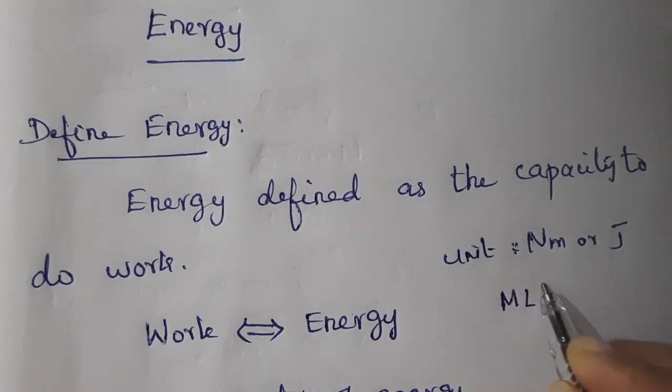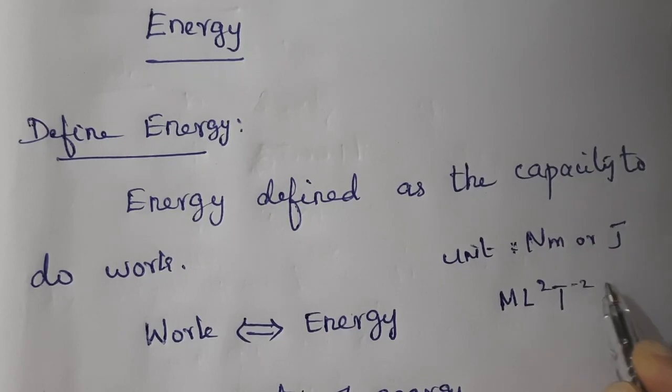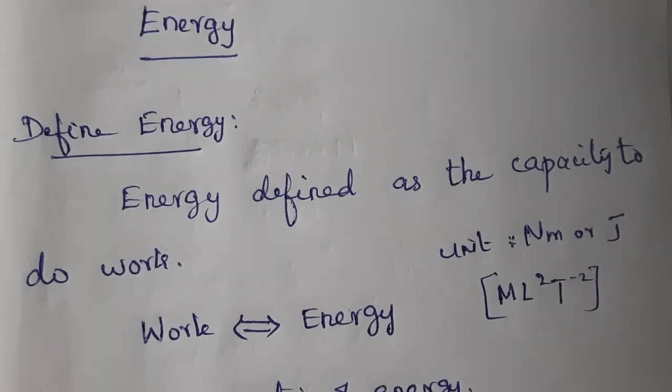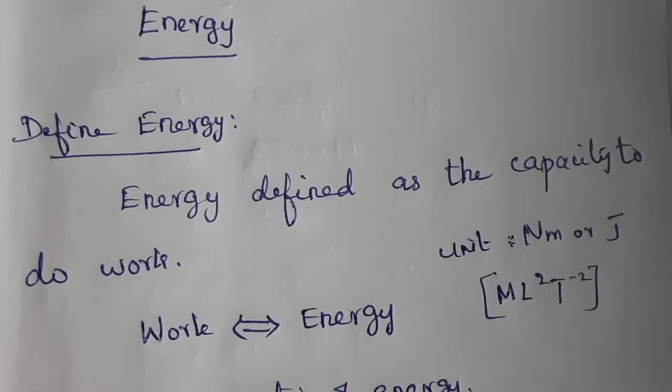For energy also we can say ML^2T^-2 is the dimensional formula. Understand? Work done is the manifestation of energy. In the lower classes, you have heard of many types of energy, such as thermal energy, nuclear energy, electric energy, mechanical energy, and so on. In this chapter, we are dealing mainly with mechanical energy.